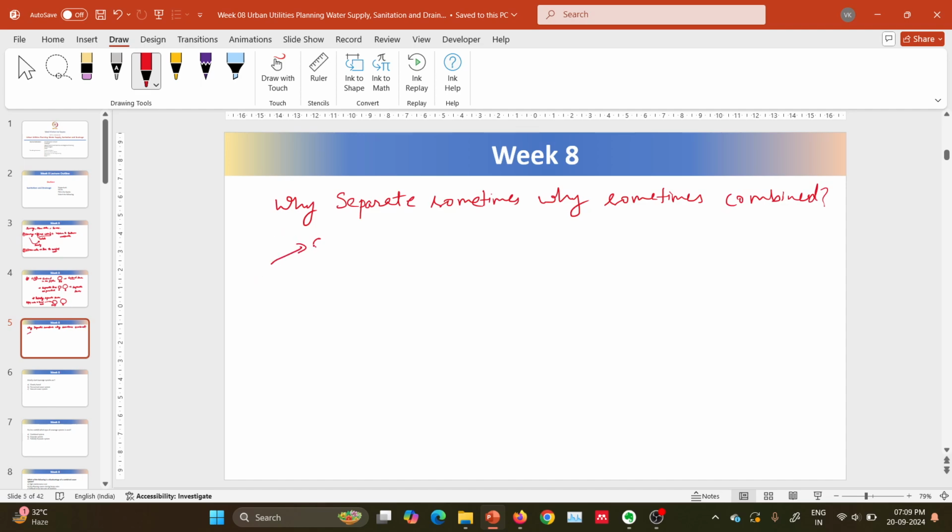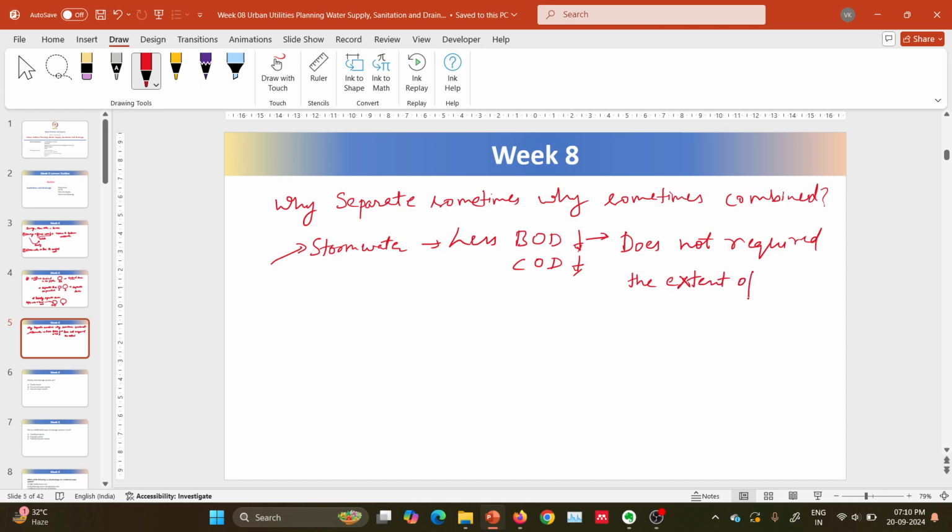Because stormwater has less BOD, less COD, and does not require the extent of treatment which sewage requires.